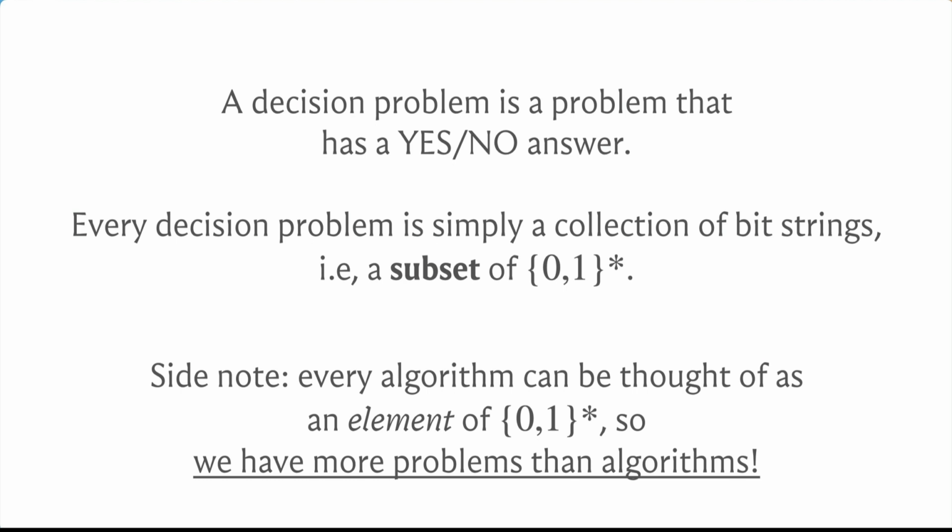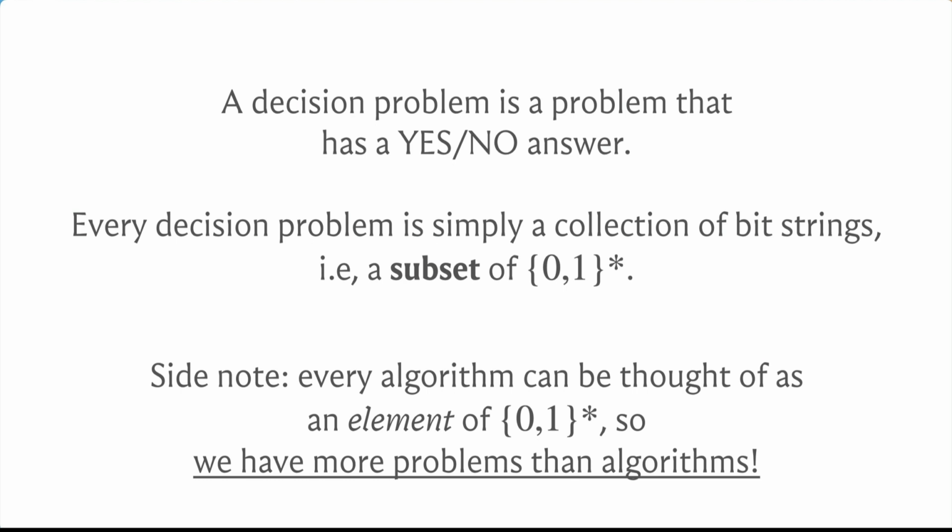And notice that every algorithm can solve at most one decision problem. So we can think of only algorithms that take as input instances of decision problems and output yes or no. So you cannot have the same algorithm solve two different decision problems, which means that any algorithm is good for at most one decision problem.